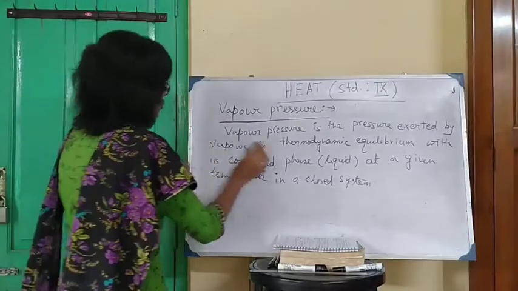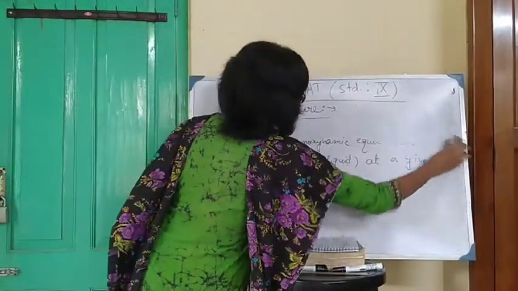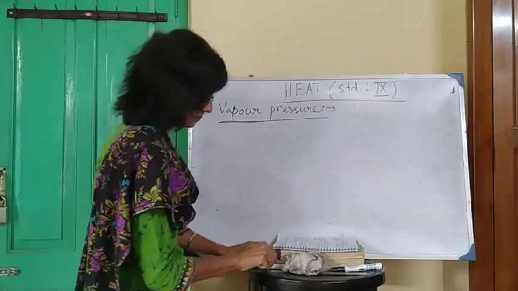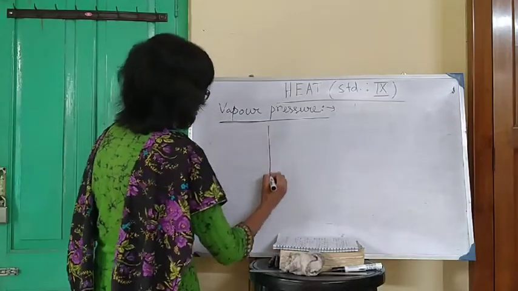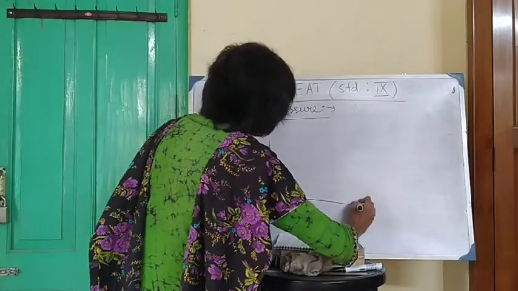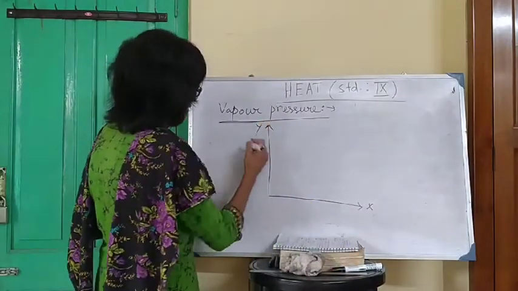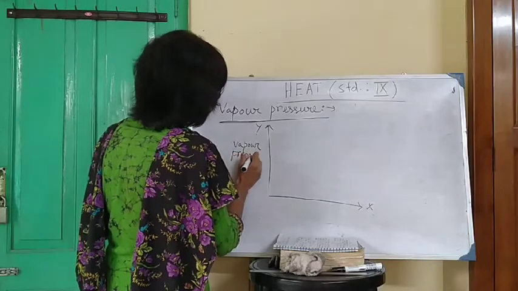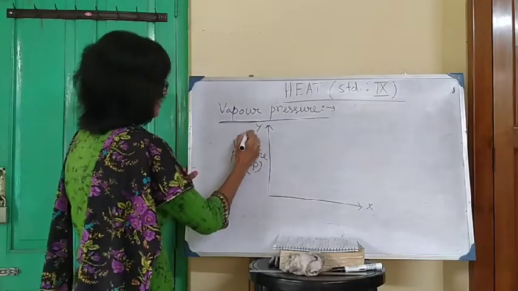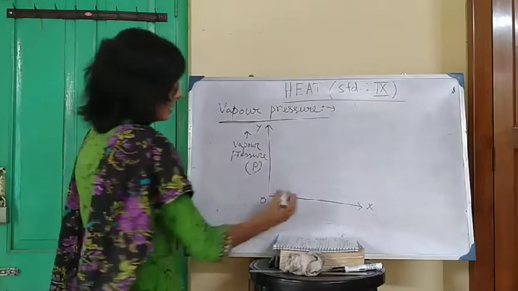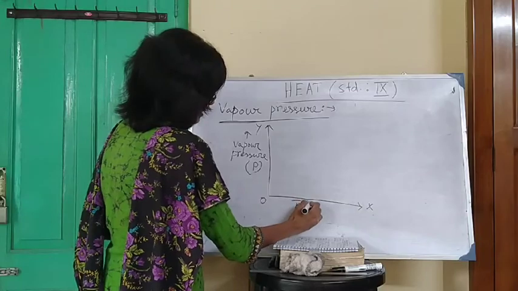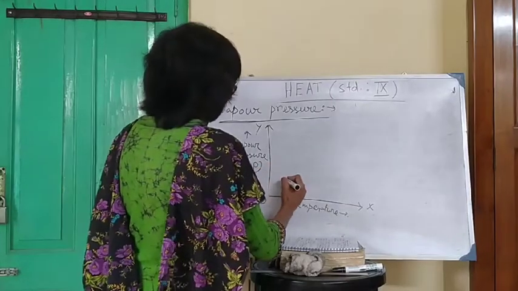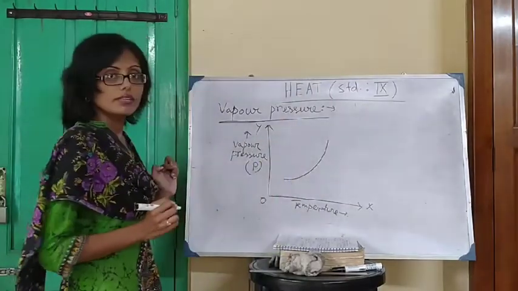Okay, if we draw a graph between vapor pressure and temperature, along the y-axis we plot vapor pressure, represented by Vp, and along the x-axis, temperature is plotted. The nature of the graph is like this.